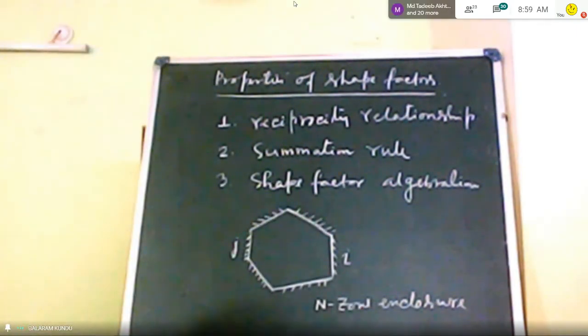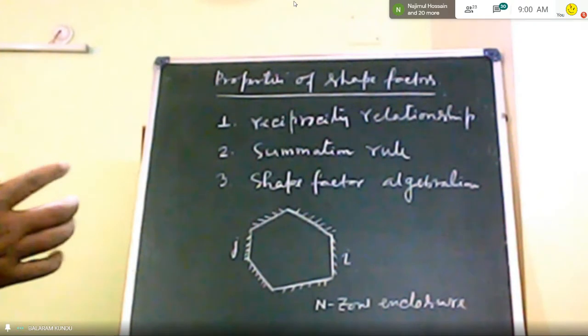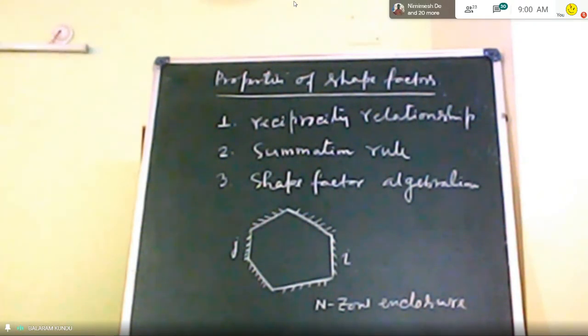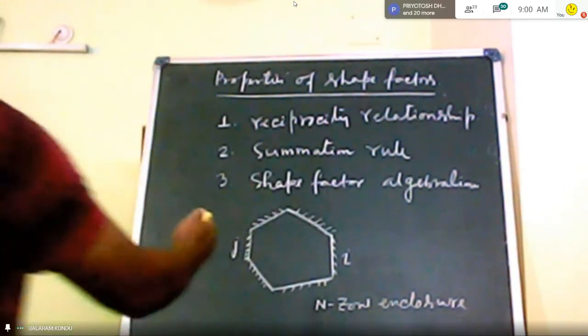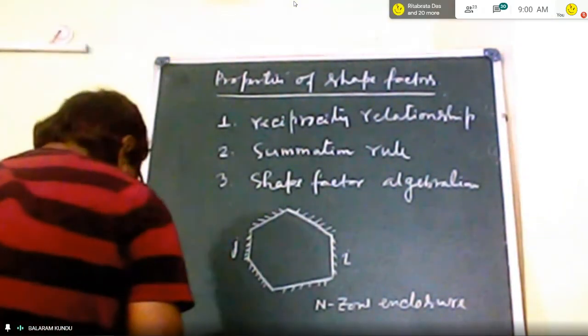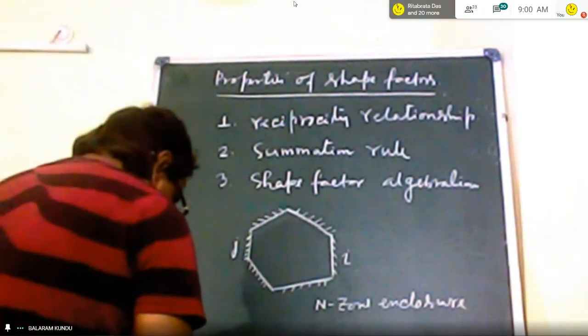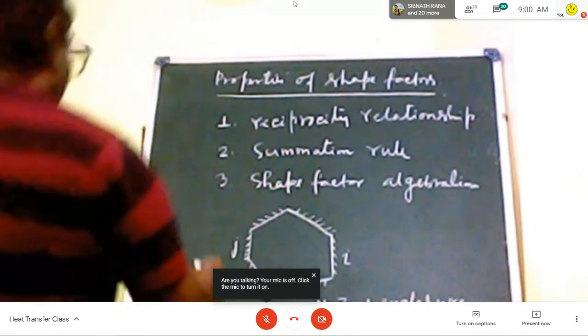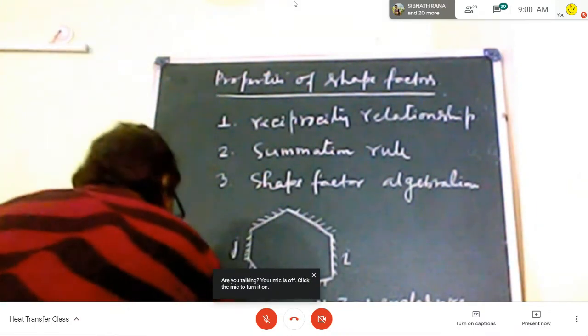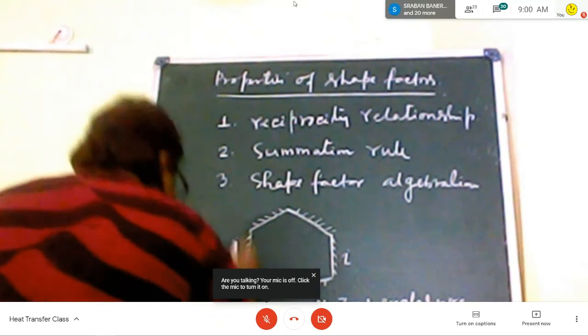It is the rate of radiation energy emitted from one surface that strikes the other surface, and to determine this, definitely the shape factor is necessary. Now consider it this way: the shape factor F J to I.